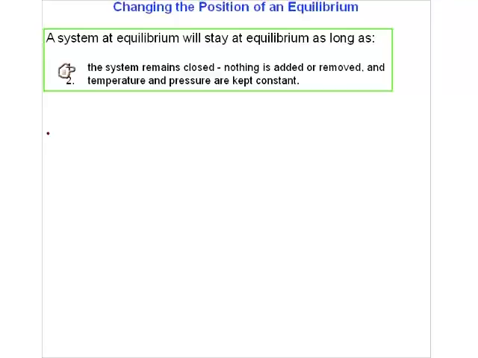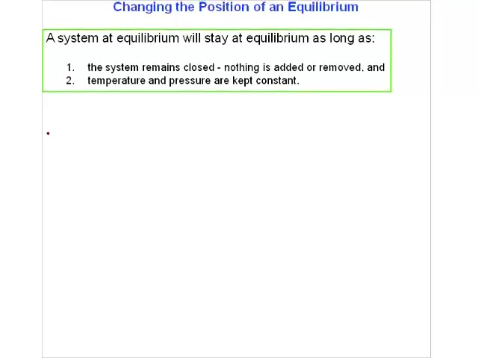Two conditions here: it has to be a closed system, and the temperature and pressure have to be kept constant. So we can't fluctuate the temperature. The pressure of the contents inside the container has to remain constant. As long as these things are constant and we have a closed system, the system is never going to want to shift. It's going to be in a nice constant sense of balance.